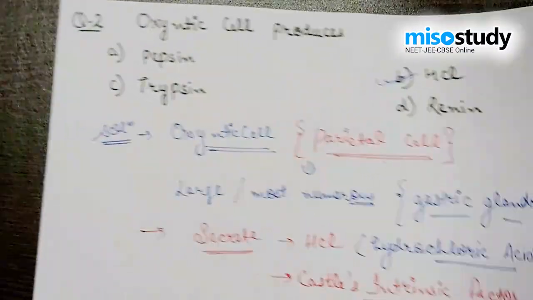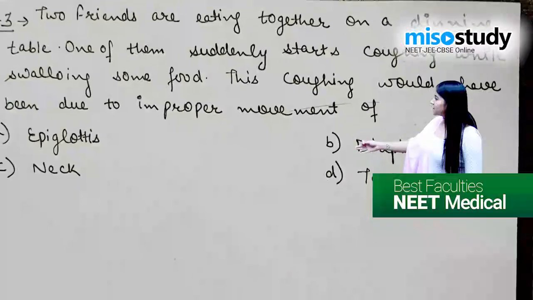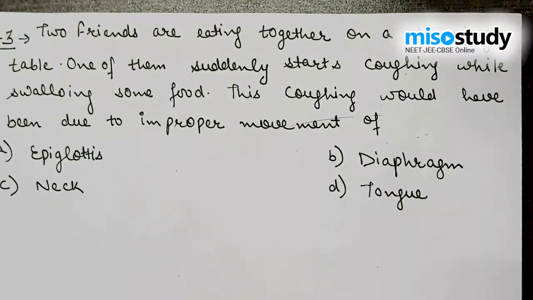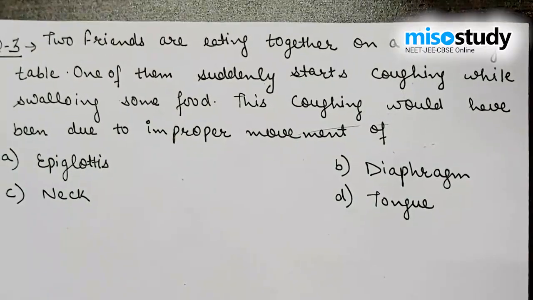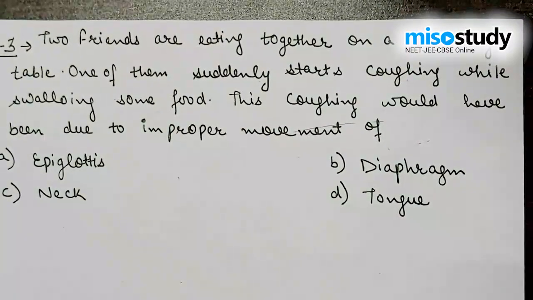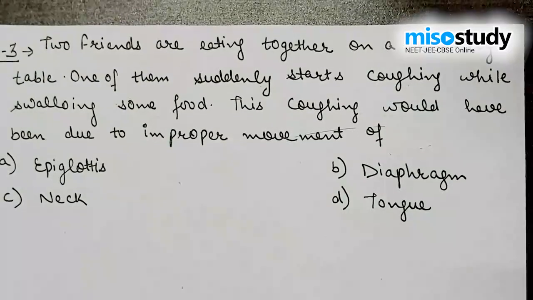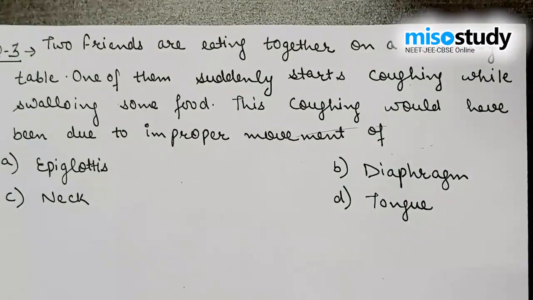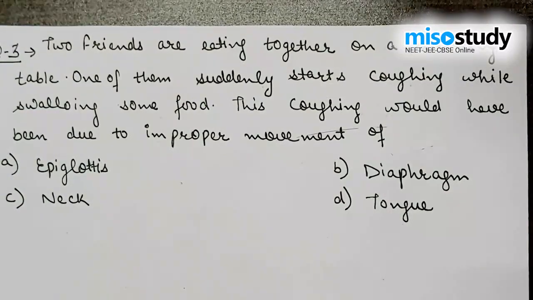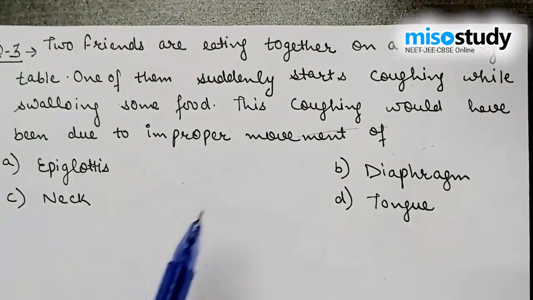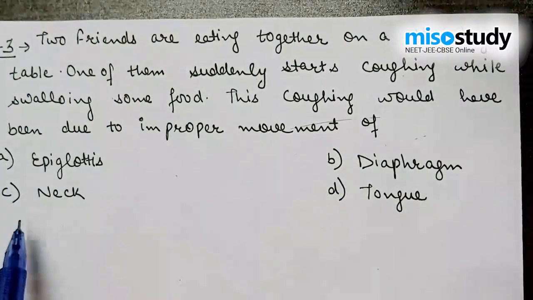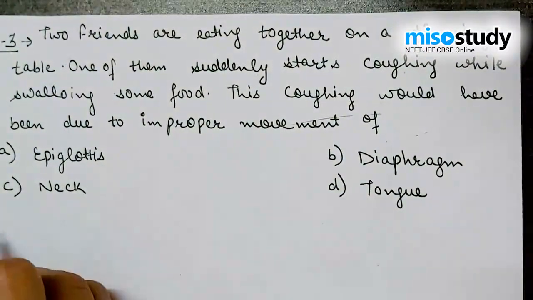The next question which we are going to discuss: two friends are eating together on a dining table. One of them suddenly starts coughing while swallowing some food. This coughing could have been due to improper movement of A. epiglottis, B. diaphragm, C. neck, and D. tongue.